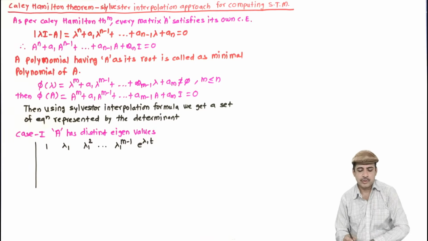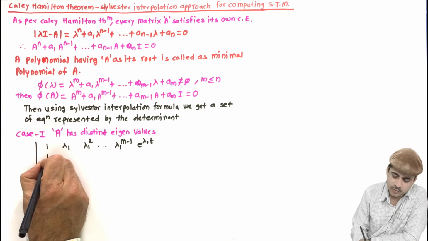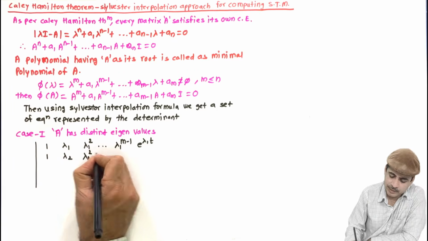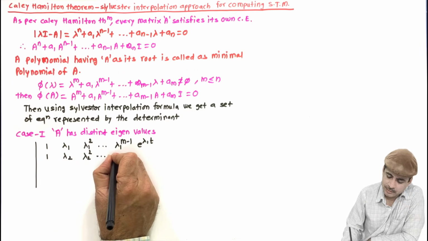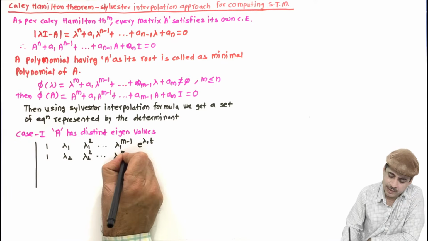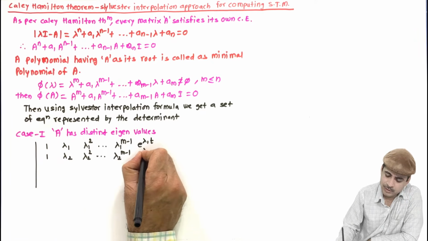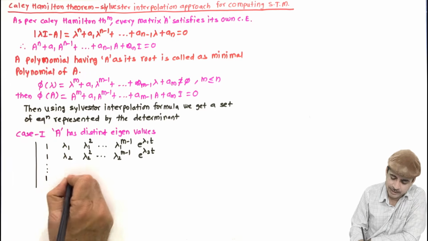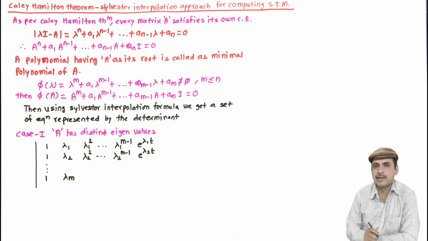This is the first row, and same is repeated for the next, lambda 2, lambda 2 square, up to lambda 2 raised to m minus 1, e raised to lambda 2 t, and the same will move up to lambda m because it is the m degree polynomial.